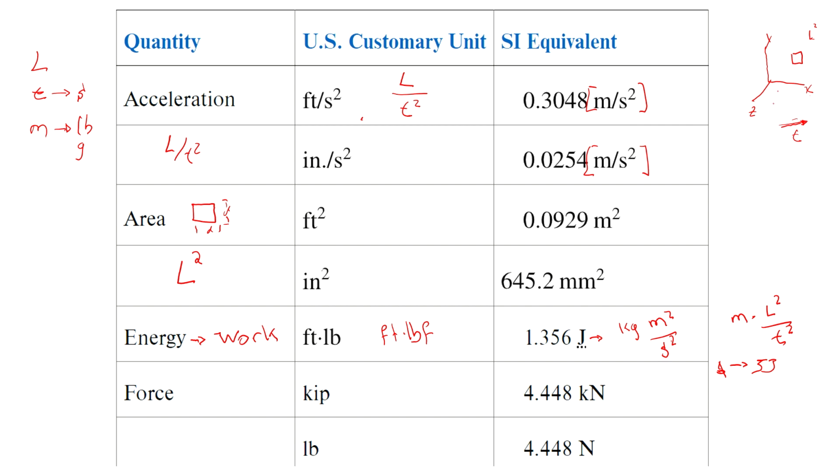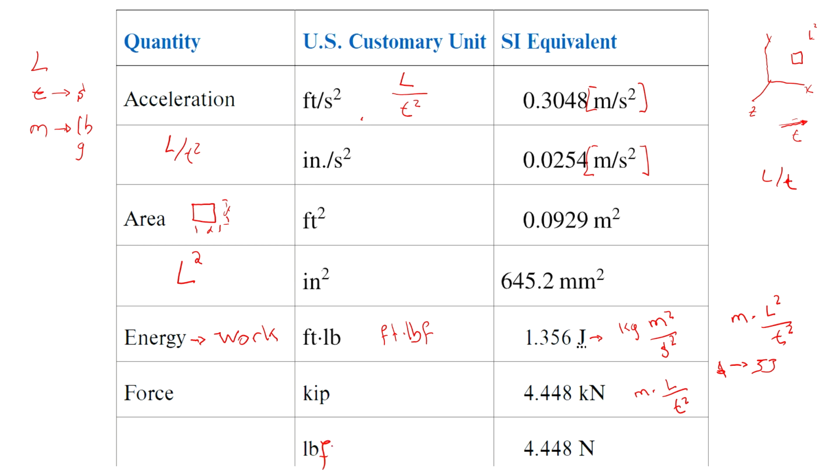Nonetheless, you can have them multiplied and divided, like in acceleration: length divided by time squared. Velocity would be length over time. Force, we already talked about this, is newtons, which is mass times length divided by time squared: kilograms, meters, seconds squared. You can also have kilopounds, which I don't see very often, and of course pound force, which we see all the time.